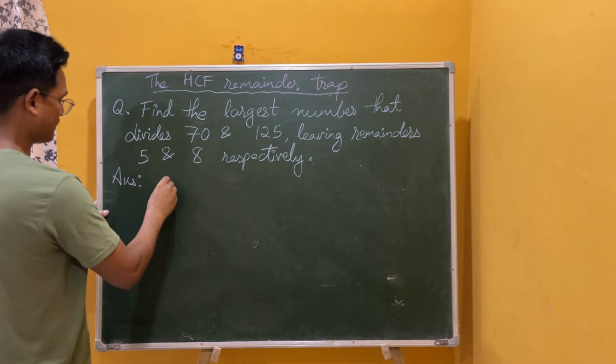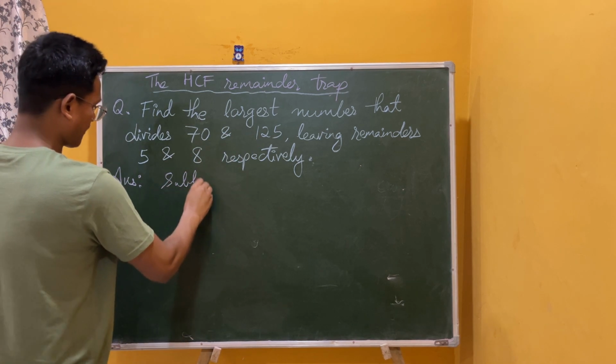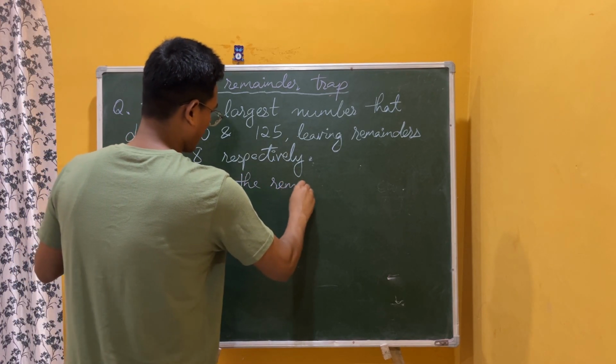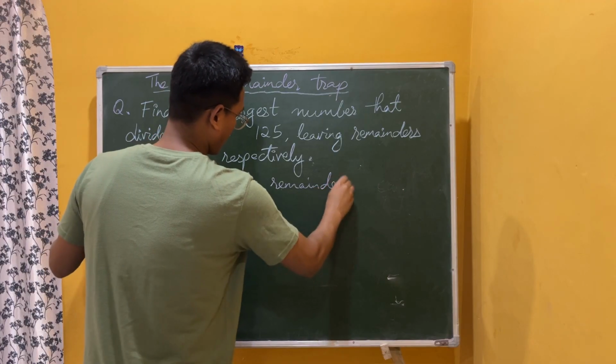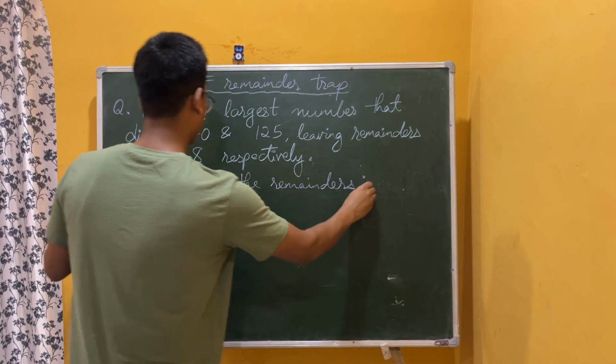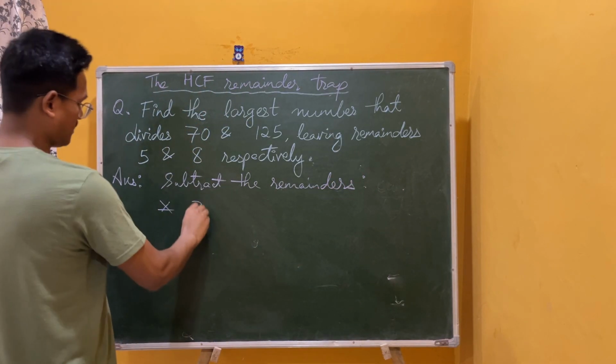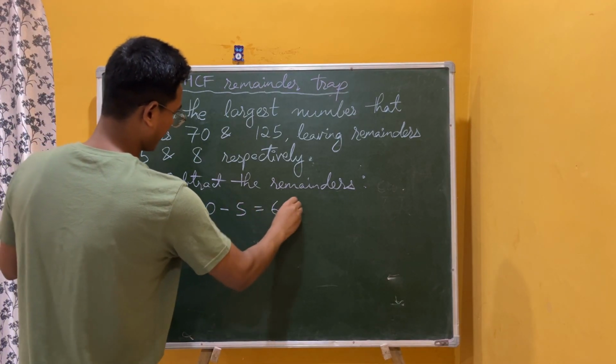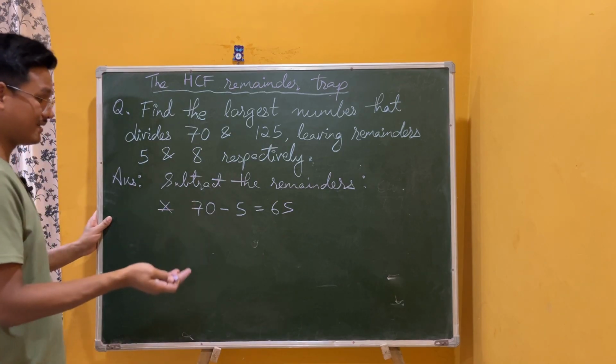Okay. So when you subtract 5 from 70, it is 65. That's what it says, right?